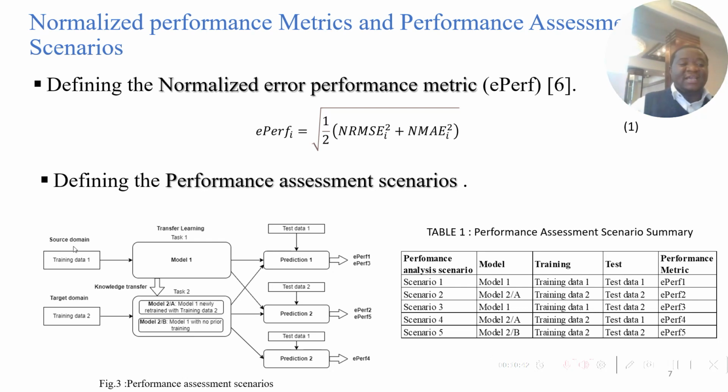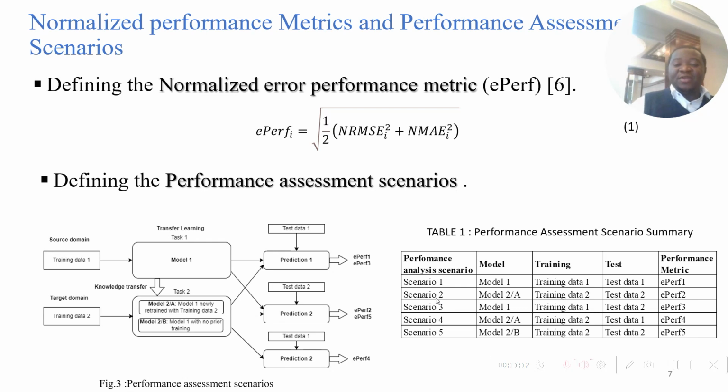By the way, for simplicity, source domain data we refer to with the suffix 1 and target domain with suffix 2. So in performance assessment scenario 1, the model 1, or the target model 1, is trained by the source data and tested by the source data. When we calculate the performance of that scenario, we call it ePerf1.